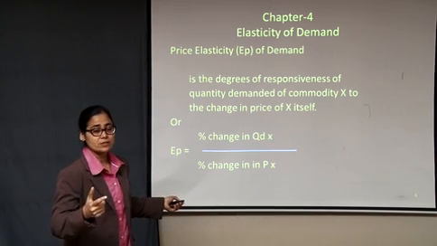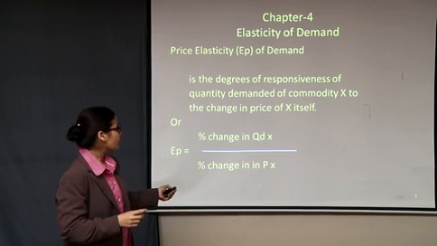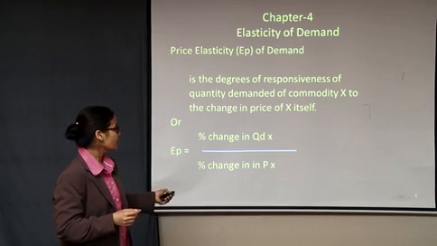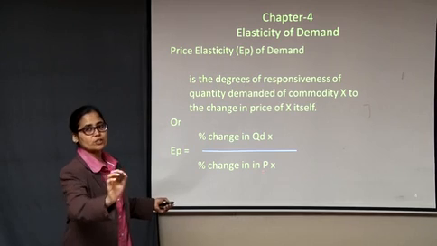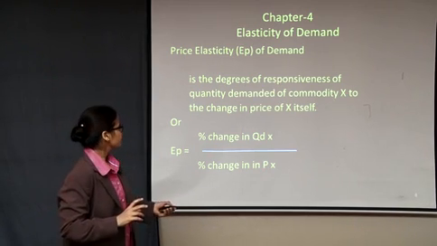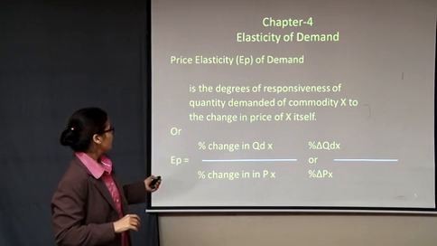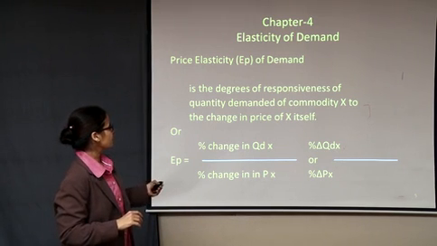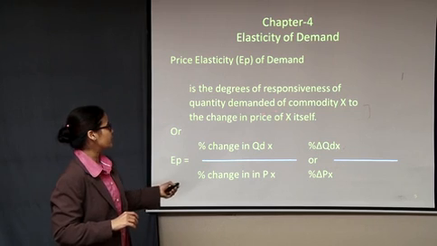Never forget this. So, we are measuring how much the demand is responding to a given change in price, and it is measured in percentage. So it is the degree of responsiveness of quantity demanded to the change in price.